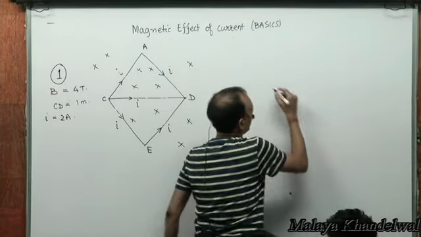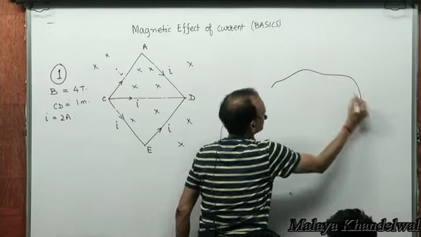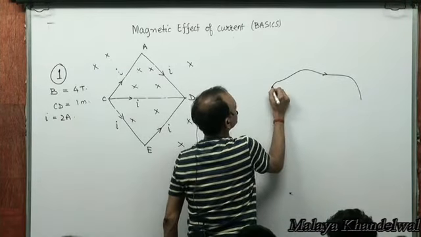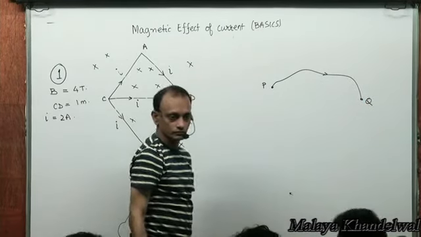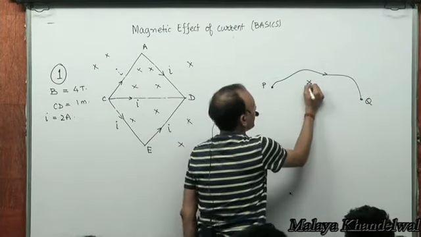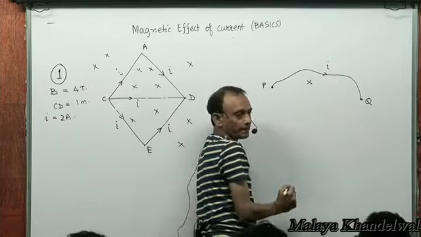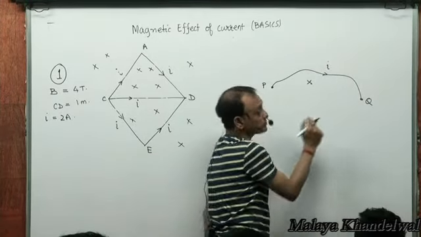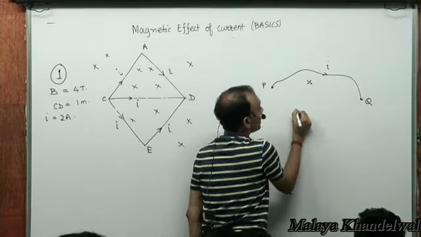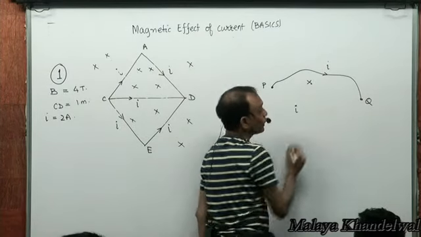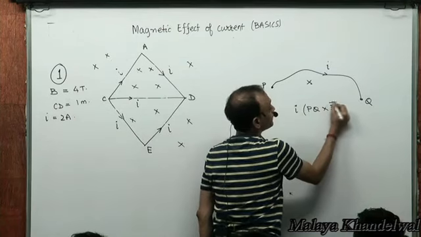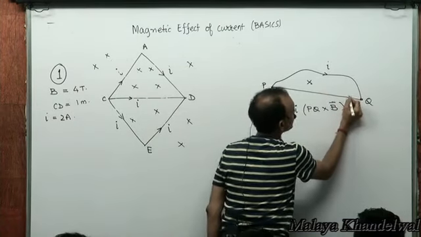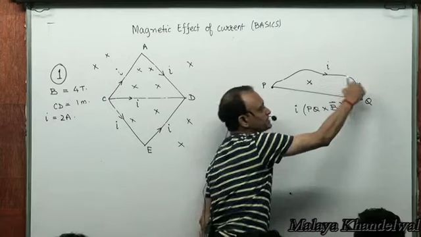If you recall, if this was any current carrying wire PQ, carrying a current I, then the total force that it experiences is I PQ cross B, if it is exposed to a uniform field. The shape does not matter.